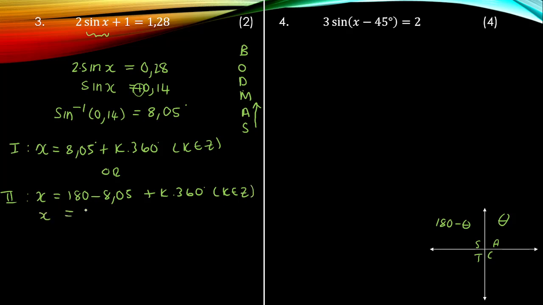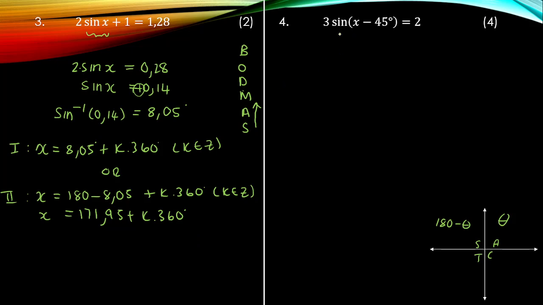So x is just going to be 180 minus 8,05, and I'm getting 171,95 plus k times 360. Okay.